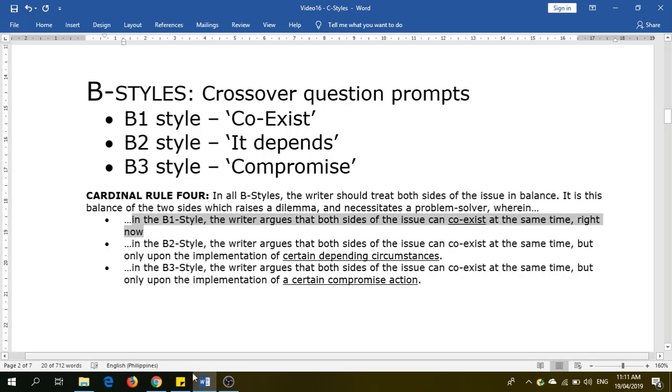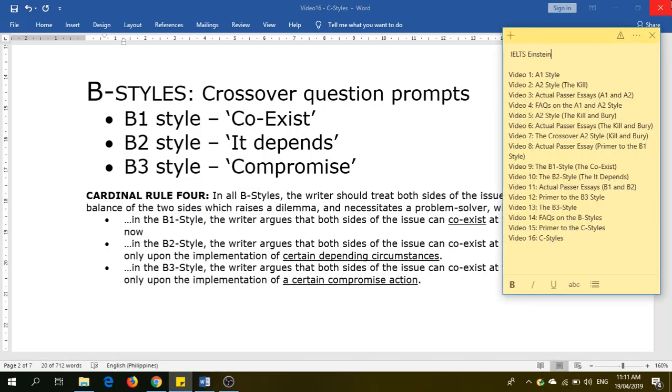Okay, if you can see this notepad that I created, you will see the B1 style over in video 9, the B2 style in video 10, and the B3 style in video 13. Of course, we are already in video 16, which is talking about the C styles. If you're looking for the A styles, that's in video 1.